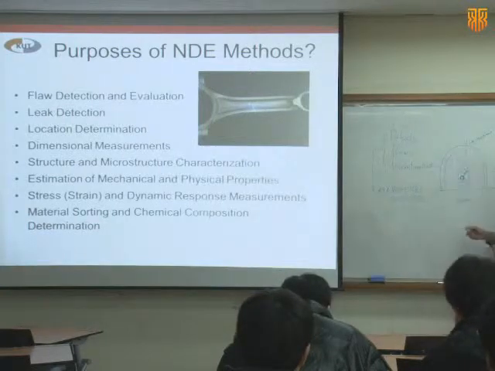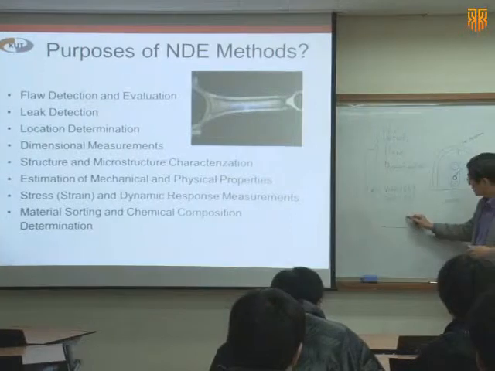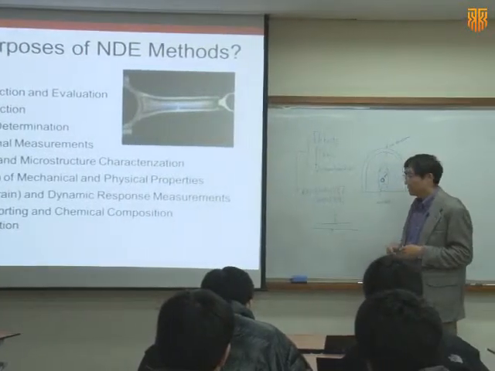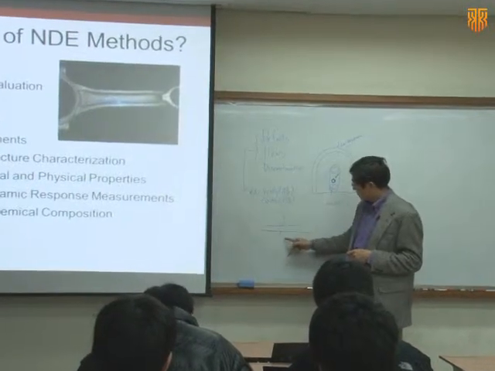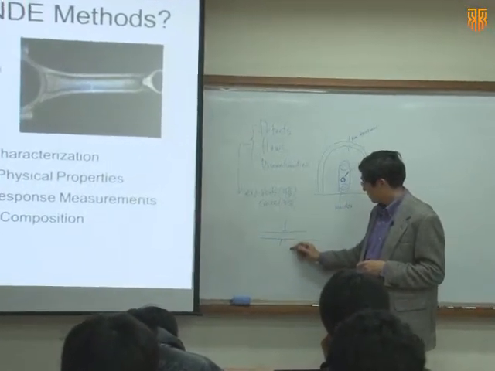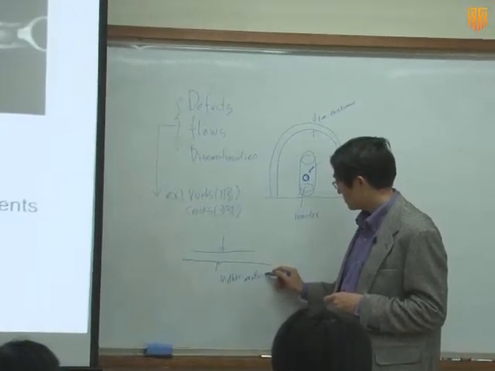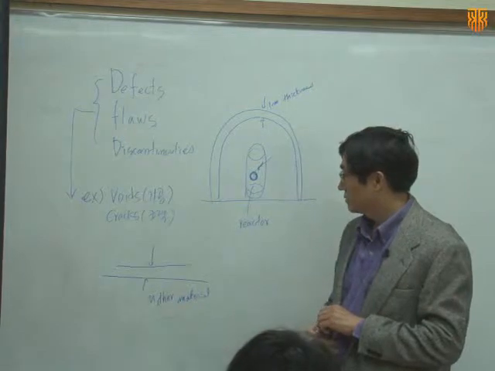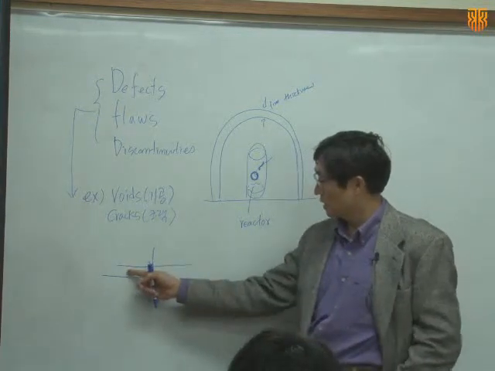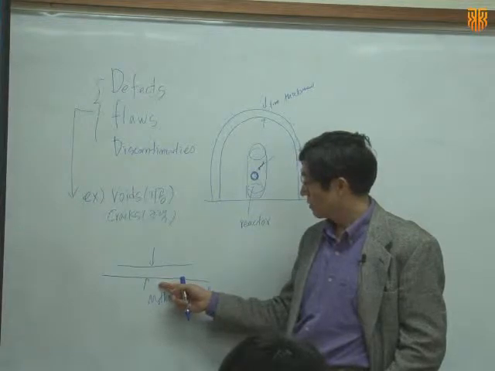Or if you have some thin coating, usually less than 1 millimeter, coated on a mother material, and the thickness is so thin that you cannot take the coating off the surface, then what can you do?